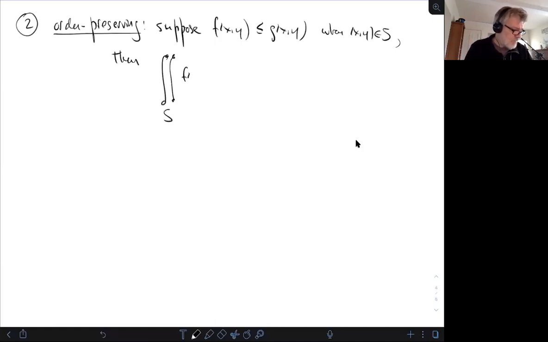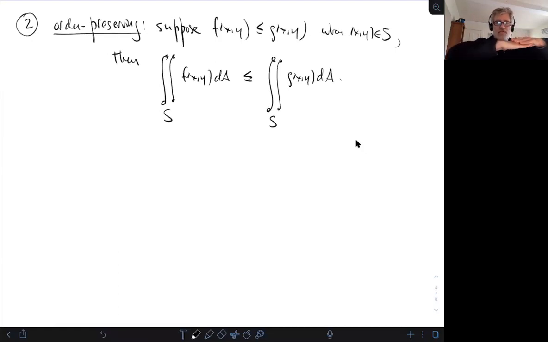It's natural. Right? Since this is a signed volume, this should make sense, right? Like this. So if you take a function f, or you take a function g which is higher, then the integral of g will be bigger than the integral of f, right? Okay.